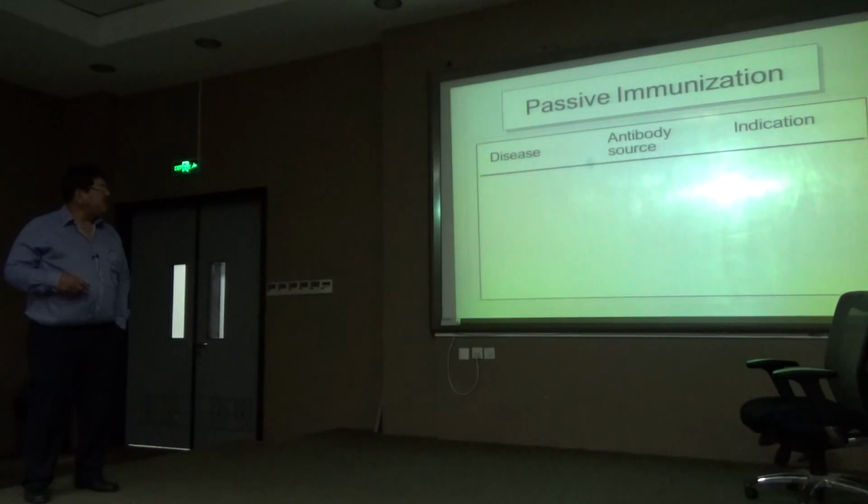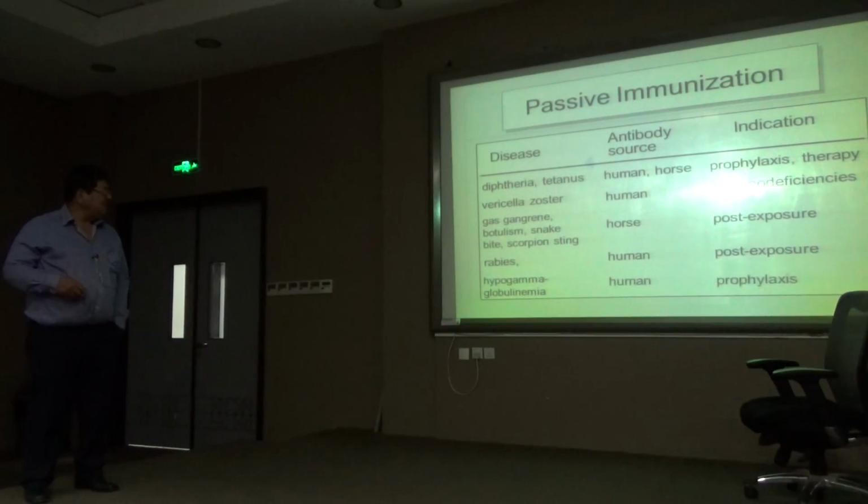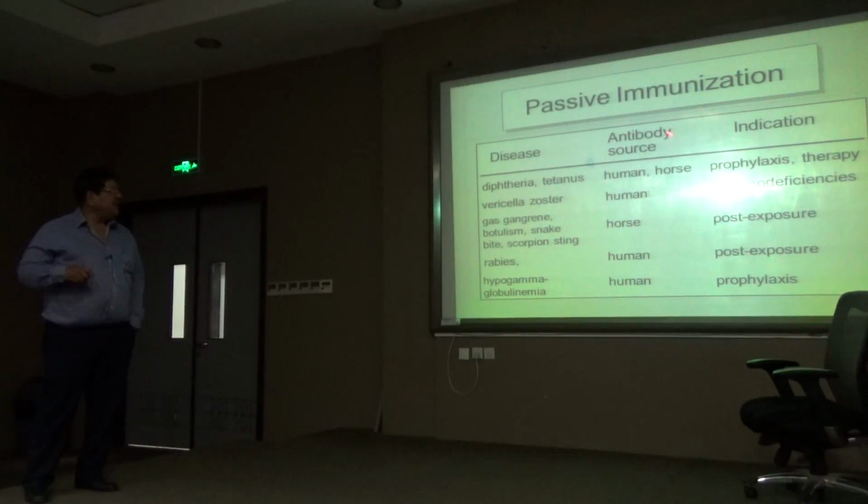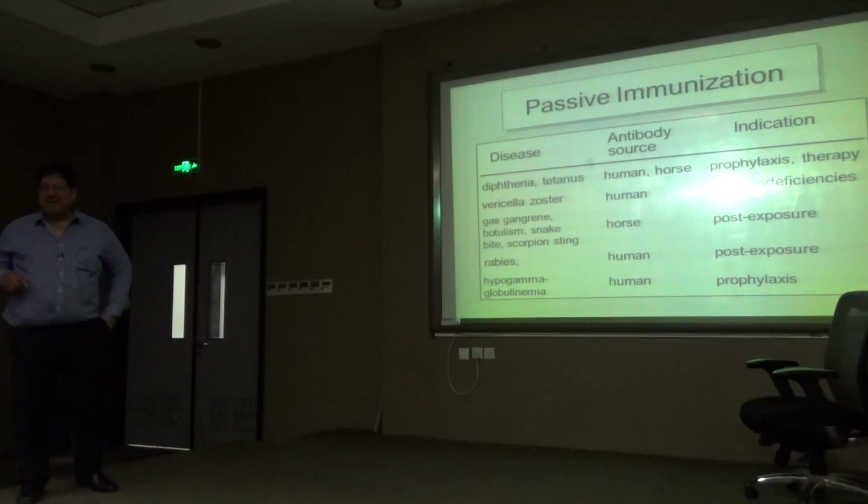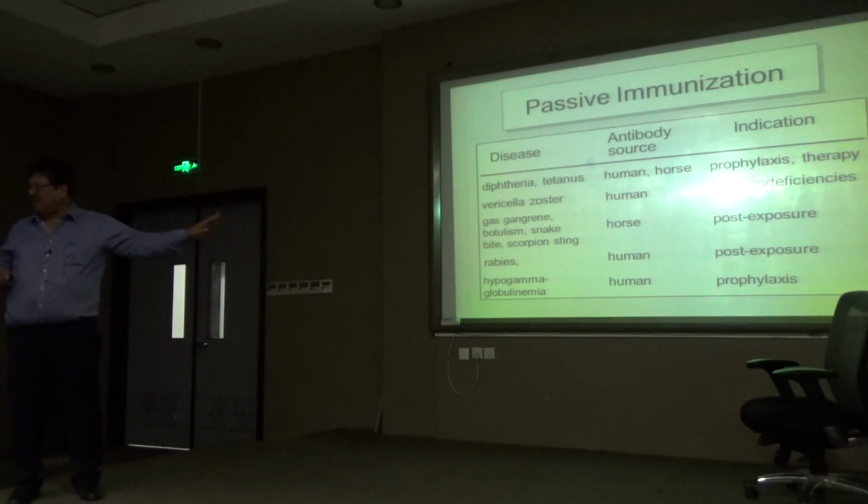Now, this is the same thing I've been talking to you about. I might not ever ask you this question, but just know some of these diseases where the antibody source is humans or horse, and this is the passive form. I'm not saying that you should read the whole thing, okay?